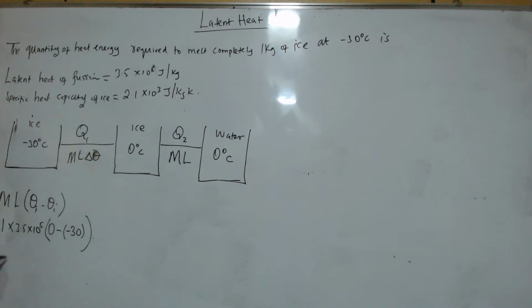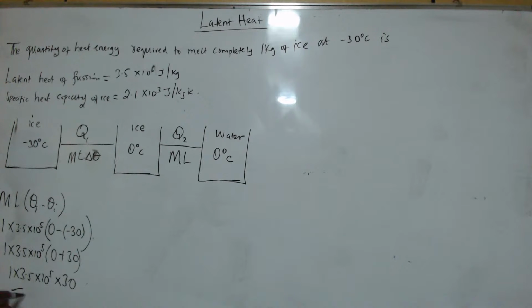So we have 1 times 2.1 times 10 to the power 3 into 0 plus 30, because minus times minus will change to plus.